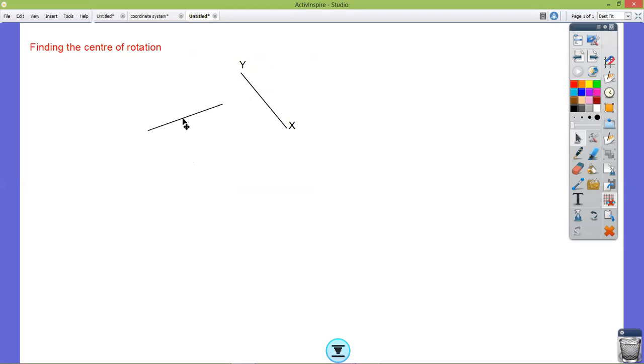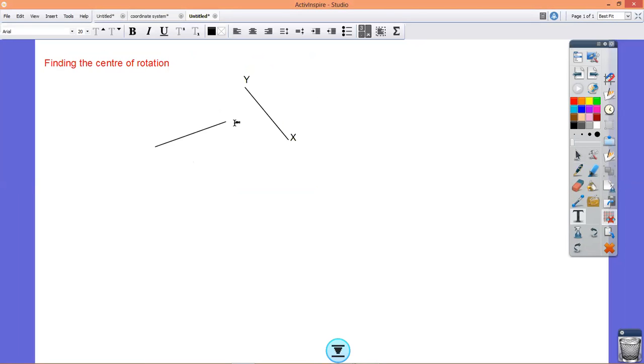Let's put X and Y. I rotated it and it's here. Let's say this one is X with bar, and this one is Y with bar.